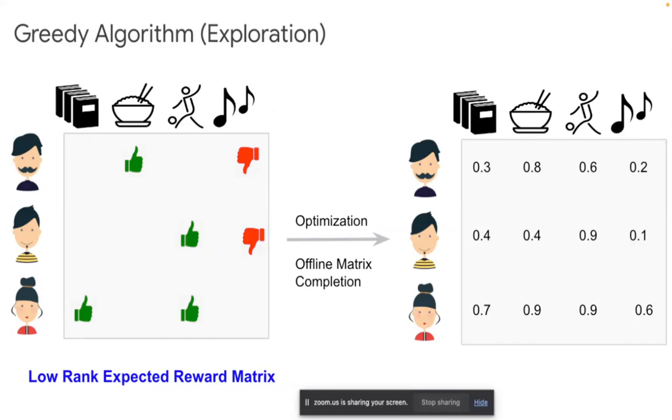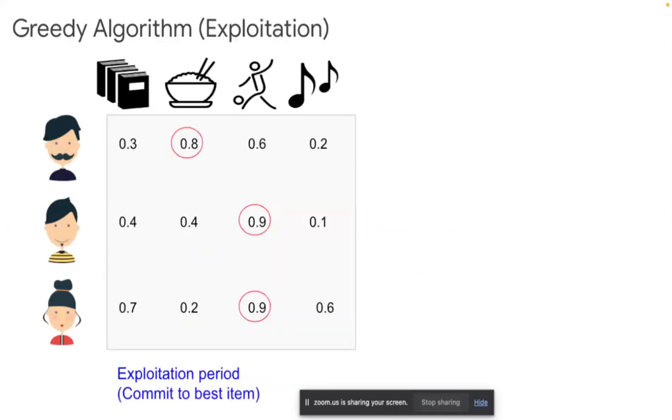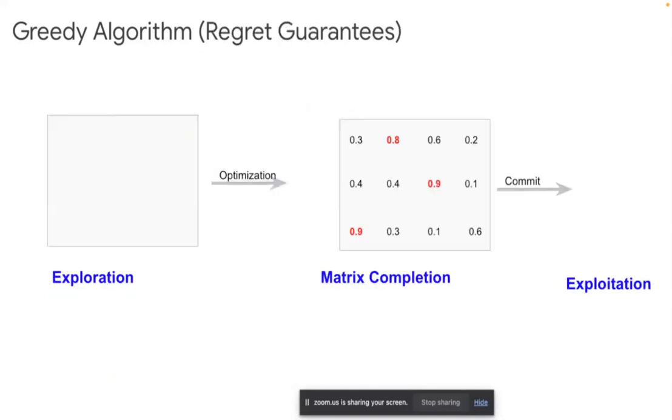Once the greedy algorithm has this estimate, it will simply go on recommending the item with the highest estimated reward for each user. So in the entire exploitation component, the second period, the greedy algorithm will recommend the second item for the first user. The greedy algorithm will recommend the third item for the second user and the third item for the third user too. Again, to summarize, the greedy algorithm is very simple.